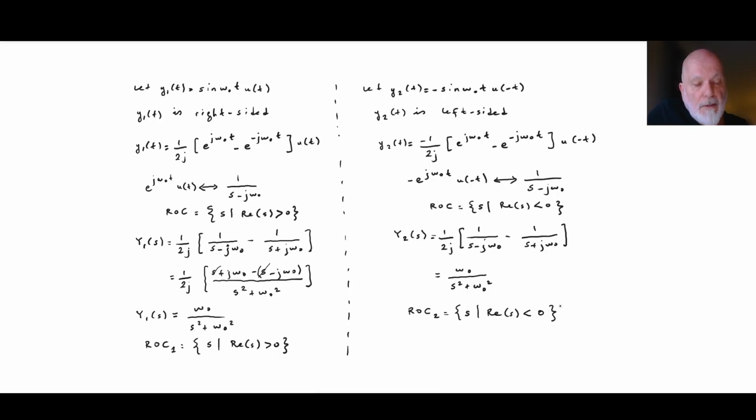So, as a final remark, y1 of t plus y2 of t is simply sine omega 0 t, or rather y1 of t minus y2 of t, because we want to obtain sine omega 0 t.